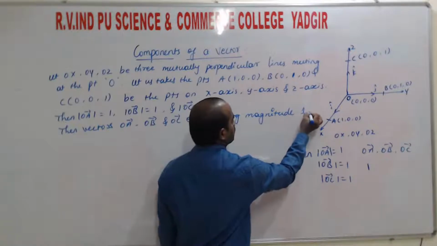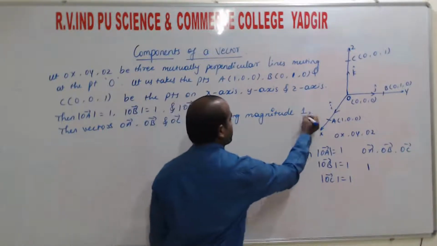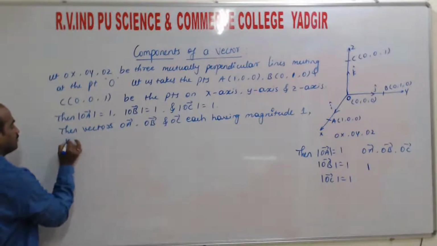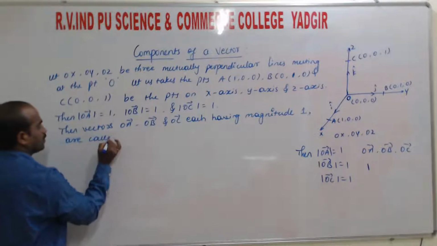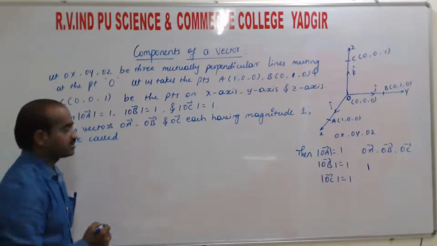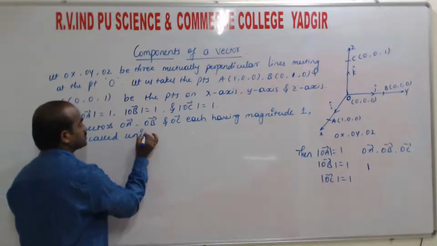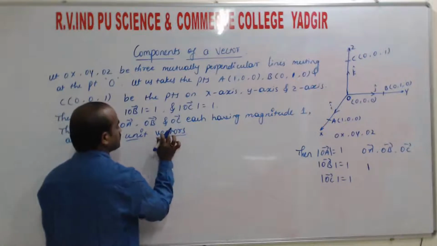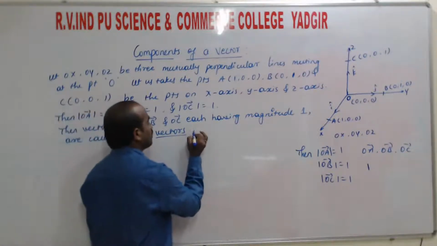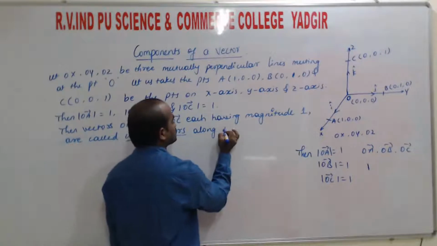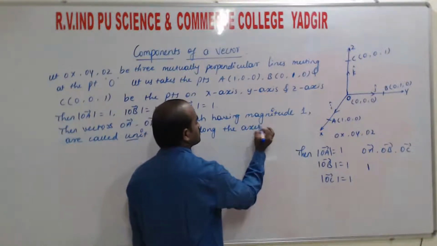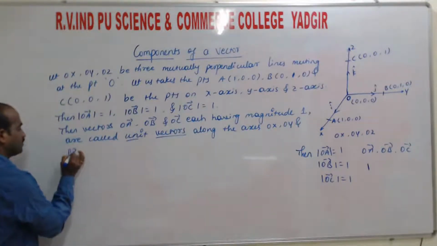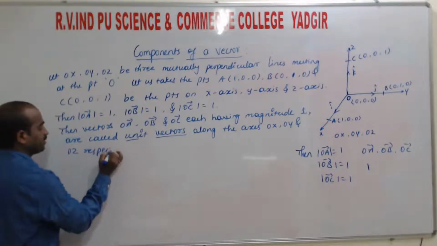They are called unit vectors along the axes OX, OY, and OZ respectively.